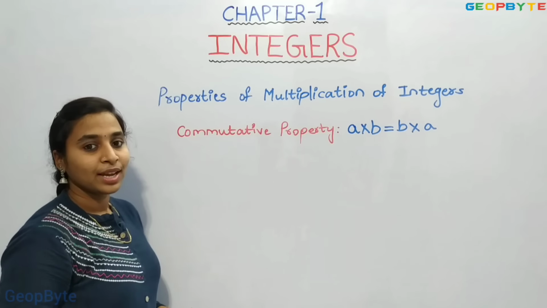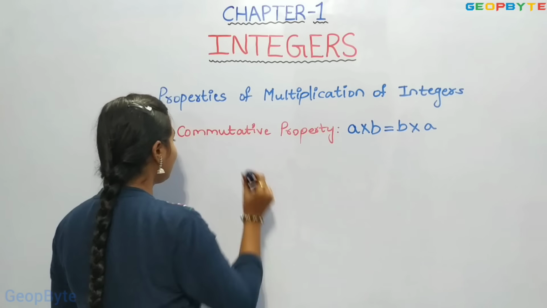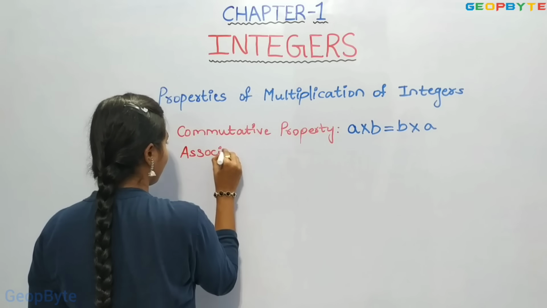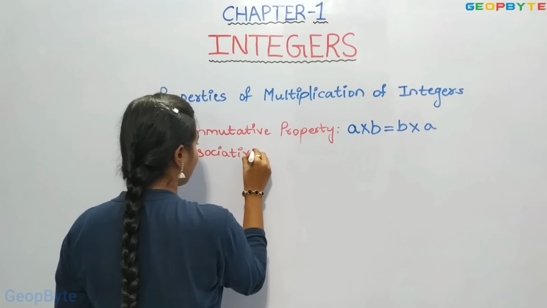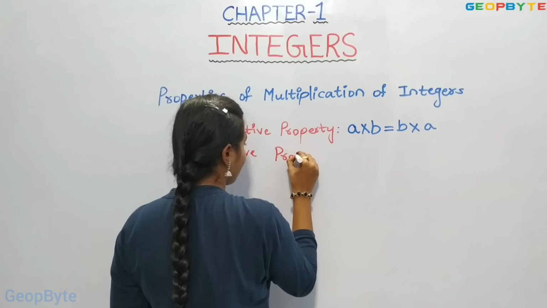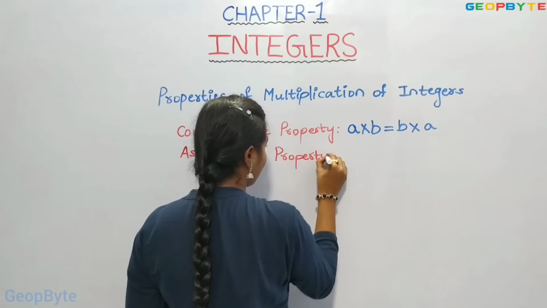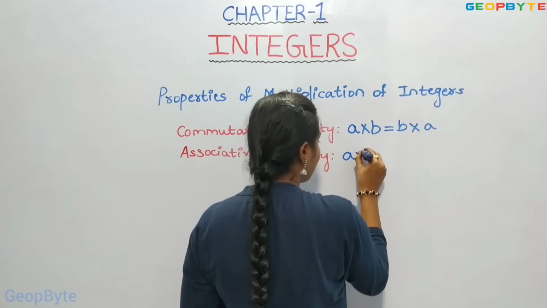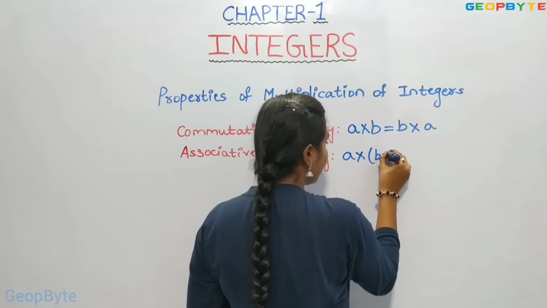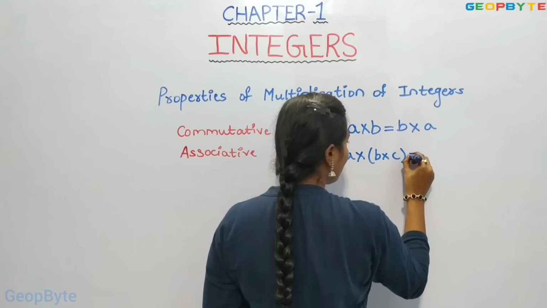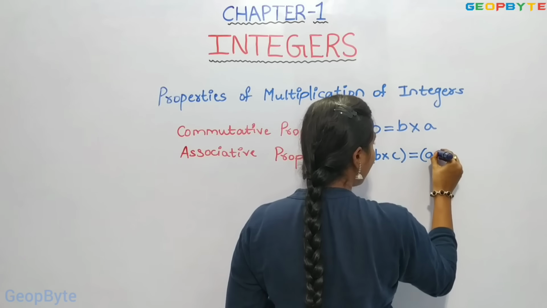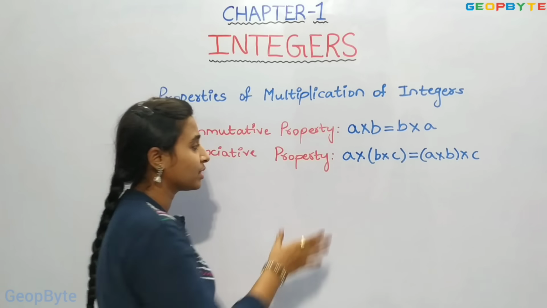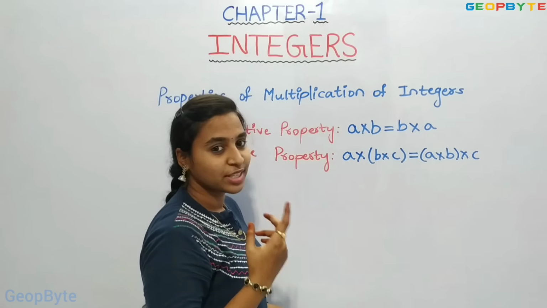Now, let us see associative property. In this property, we have A into B into C is equal to A into B into C. Yes, this property is also similar to that.